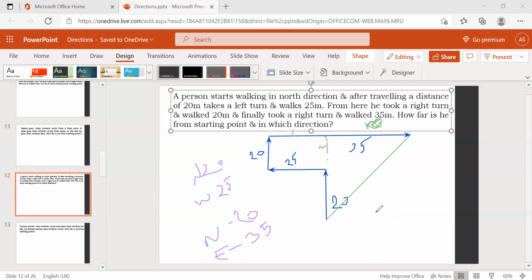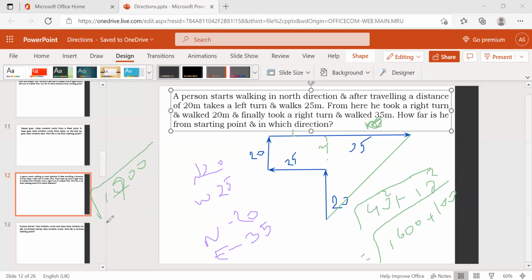40 and 10. So 40 square plus 10 square is 1600 plus 100, 1700.